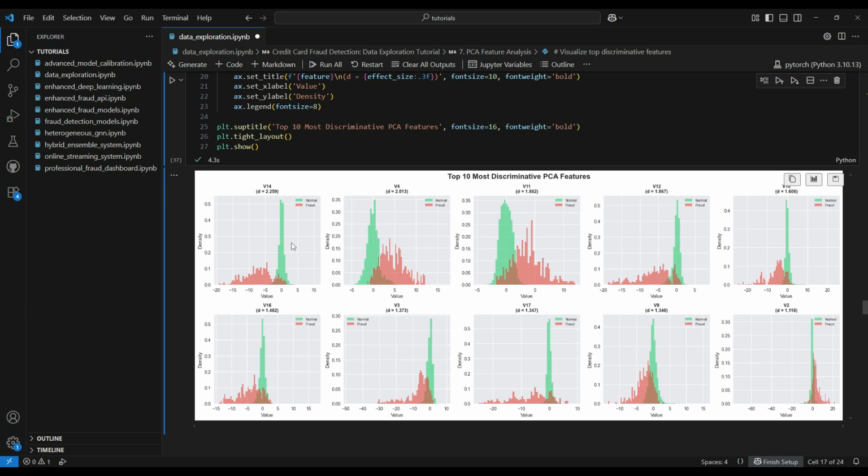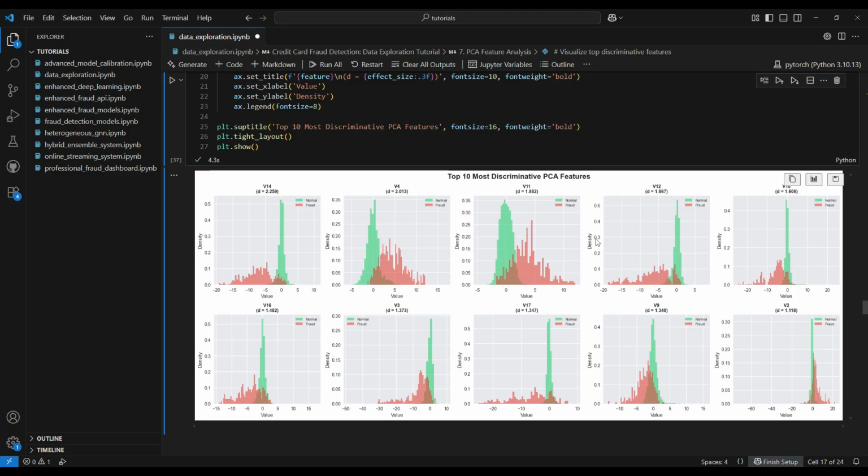So you look at V14, the green is the normal, the red is the fraud. The distribution barely overlaps. This single feature could catch a lot of fraud.